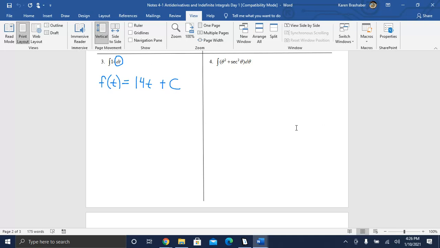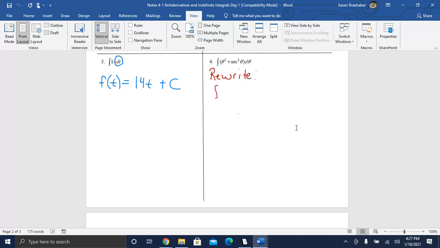So no simplifying needed, but you can think, if we do the derivative of 14t, we get 14. And finally, if you have a trig function mixed in with something that is not a trig function, you might think about rewriting using the distributive idea.